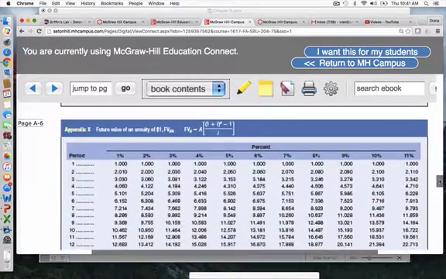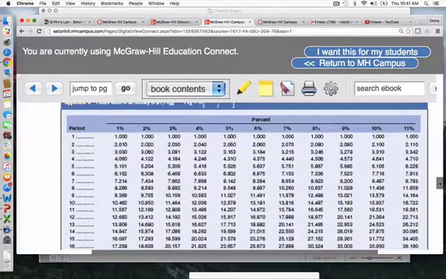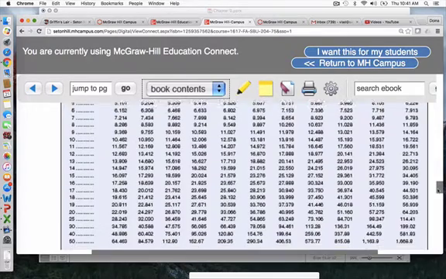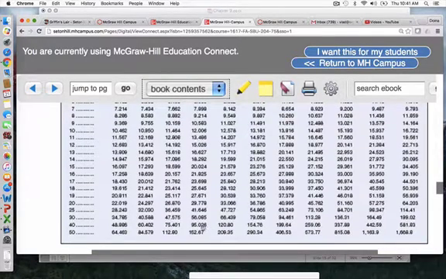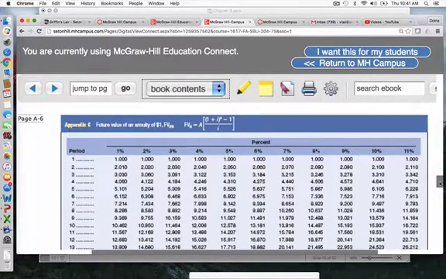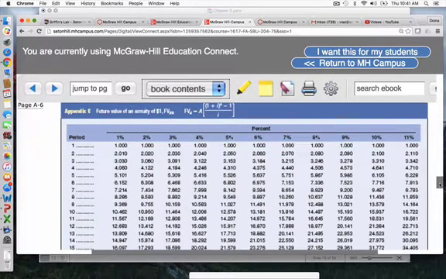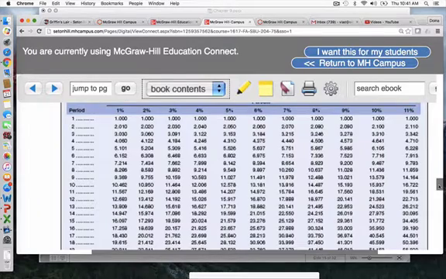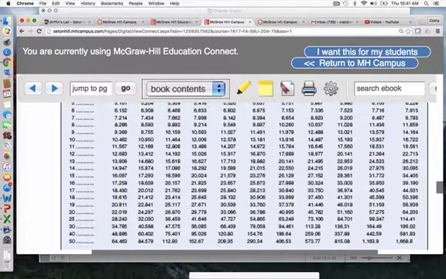In Appendix C, for that factor, we said 4%, so we are going to look at this column, and then we are going to look at 40 years. Let's see, 4%. This is Appendix C, yes, 4%, and then 40 years.